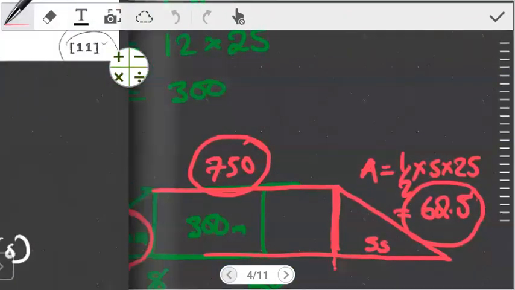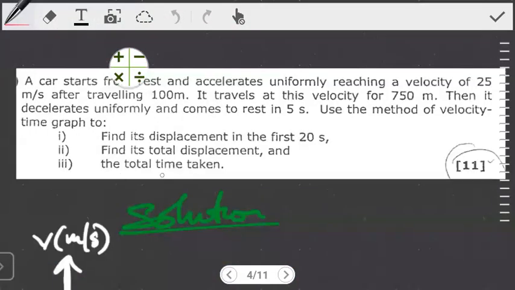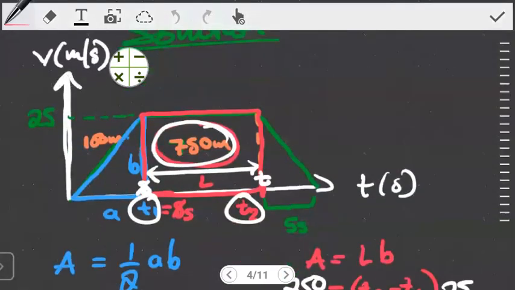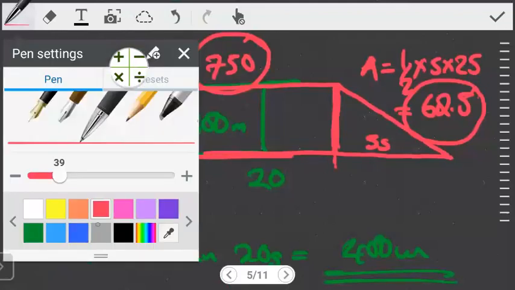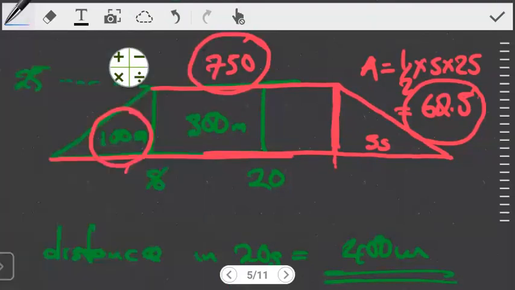Lastly, the total time taken. We already found that, so let's go back to our graph. As it moves from point 0 all the way up to this part, the time we found here was T2, and this was 38 seconds.